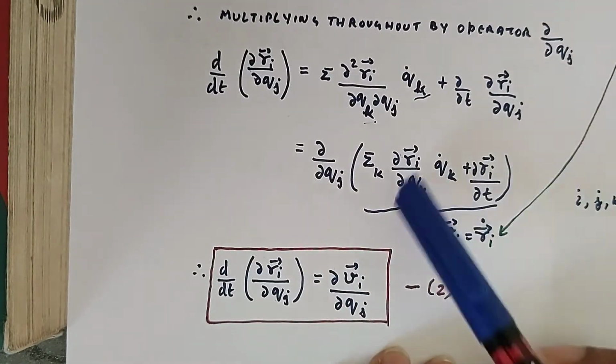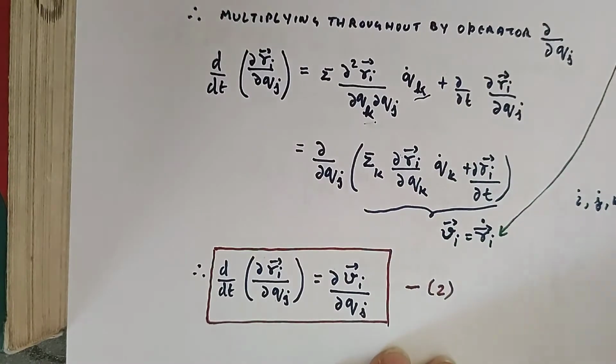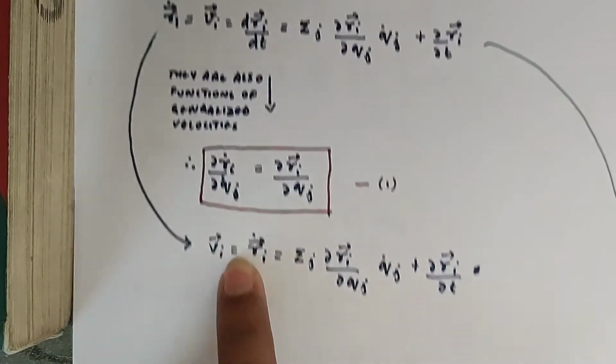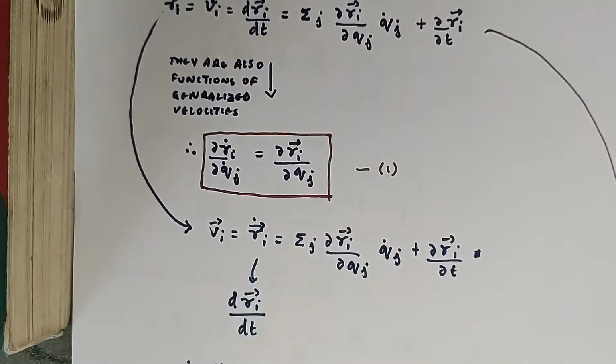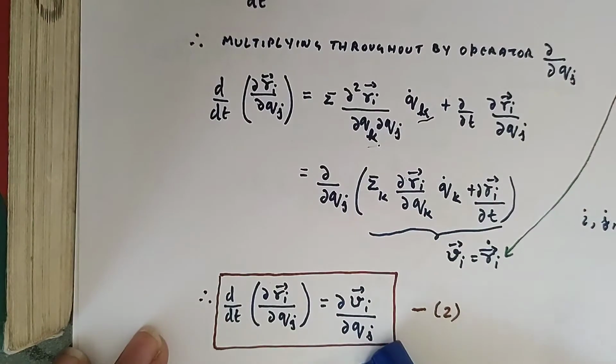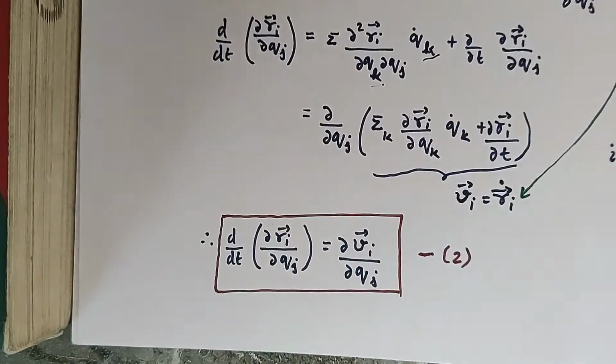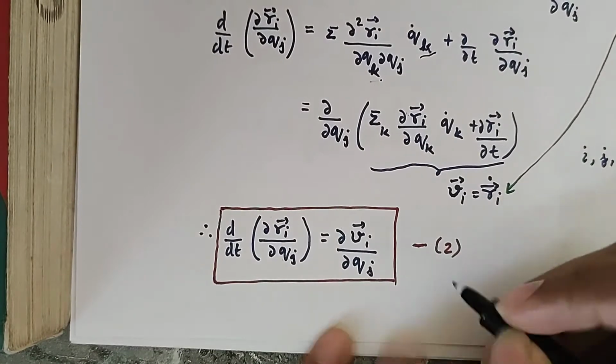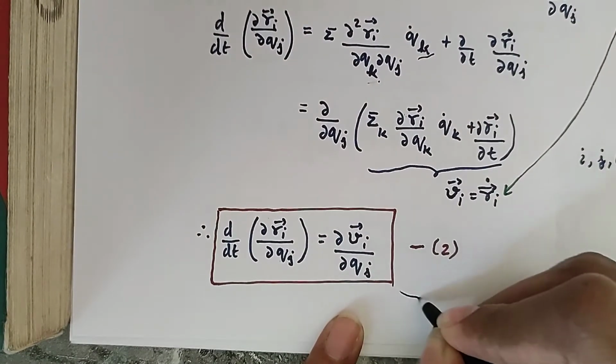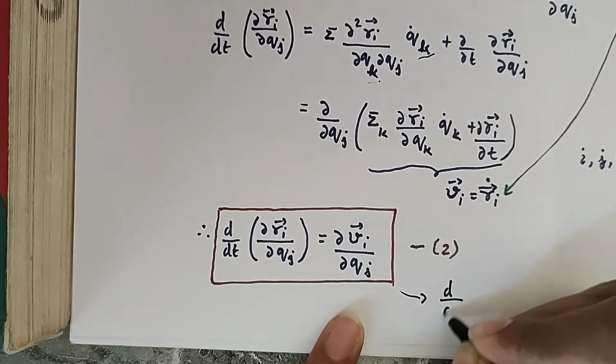So what I do is, this parenthesis is actually equal to this, right? It is actually equal to the velocity vector. As a result, I write this in this form. I get this. I can also write this in the Leibniz notation, just not to confuse you, d by dt.